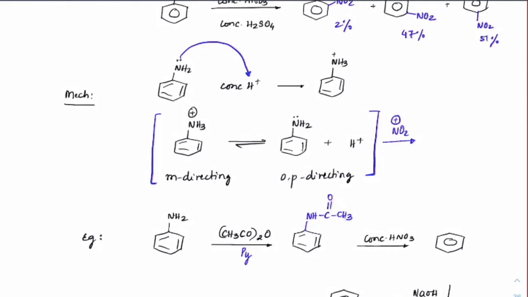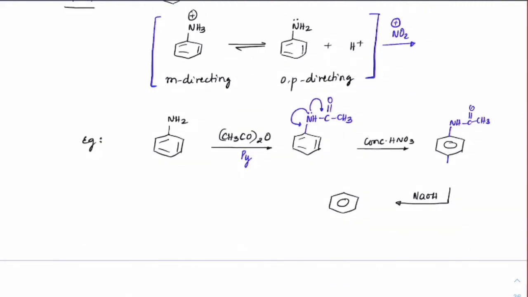Now the nitrogen lone pair is cross conjugated with oxygen and the ring, so its availability is hardly seen, and the ring is relatively less activated now. So when you treat with concentrated HNO3, it would undergo electrophilic aromatic substitution at the para position giving NO2, and then treat with NaOH once again. This group will leave as CH3COOH, O minus will form, and this will give NH2.